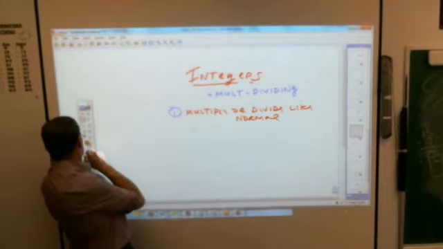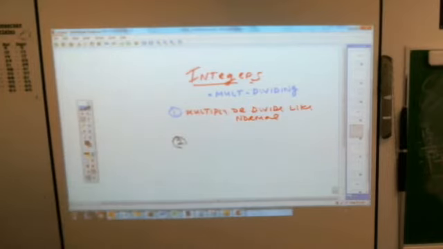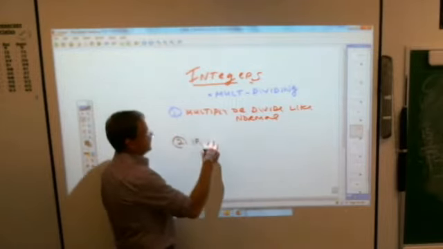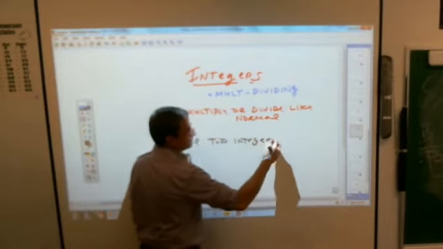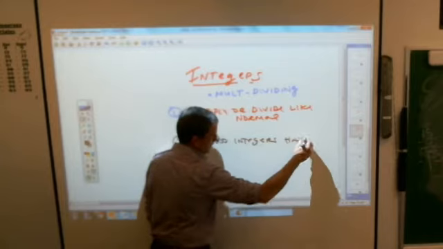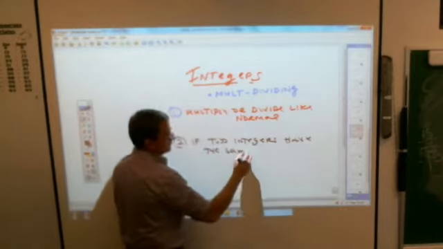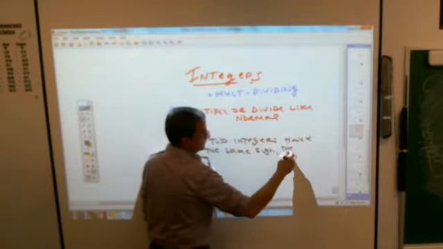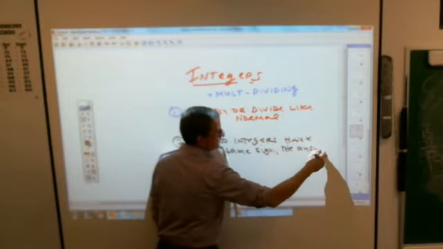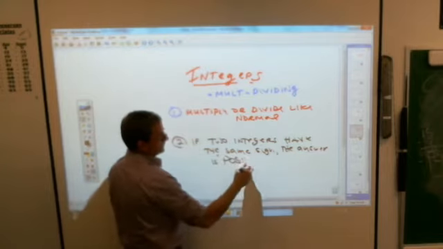Step number two is this. If the two integers have the same sign, comma, the answer is positive.